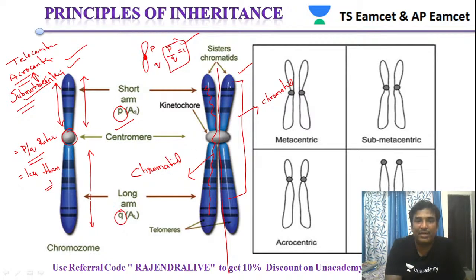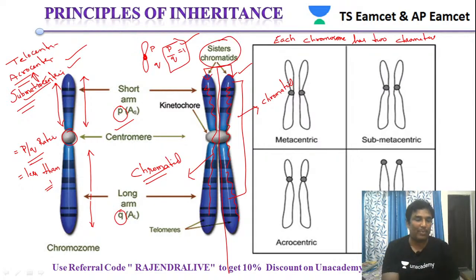So we have 2 chromatids; each chromosome has 2 chromatids. Both together are called sister chromatids.